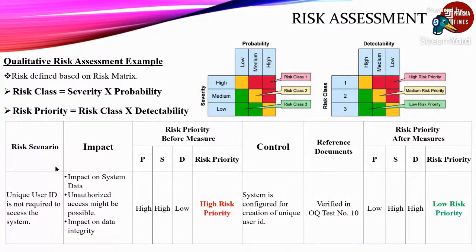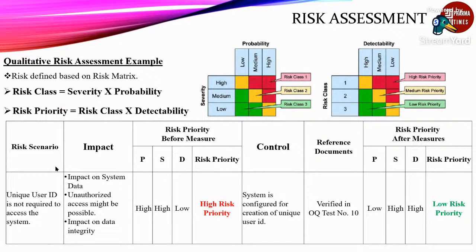or any identity found with reports and with the audit trail of the system. So what is the impact if the system allows the same user ID in that database? The impact on system data is that you can't identify who is responsible for which data change, and unauthorized access might be possible.